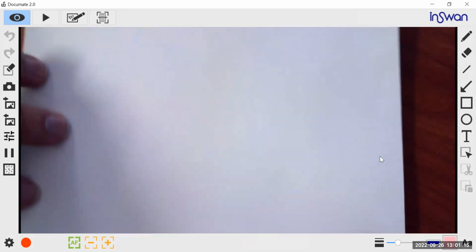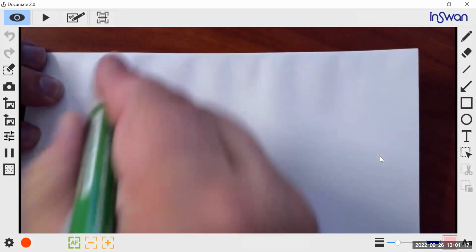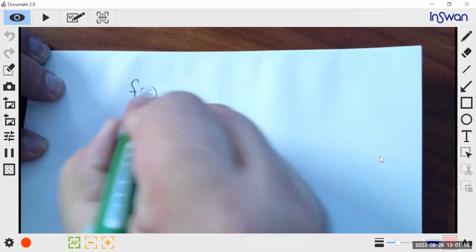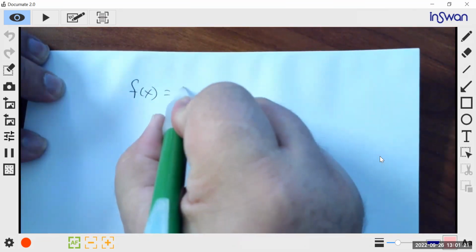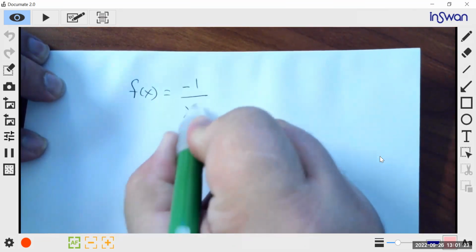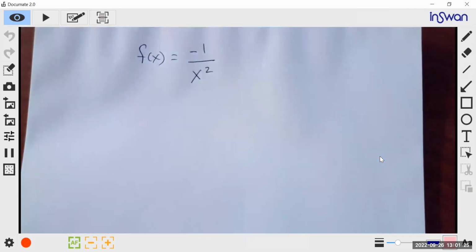Let's look at this one. Graph that one. There's a negative. Is it inside or outside the function?